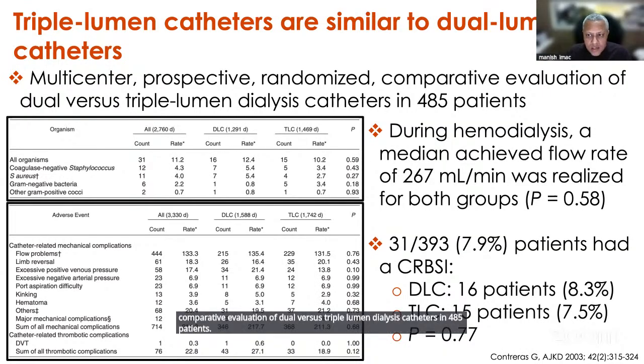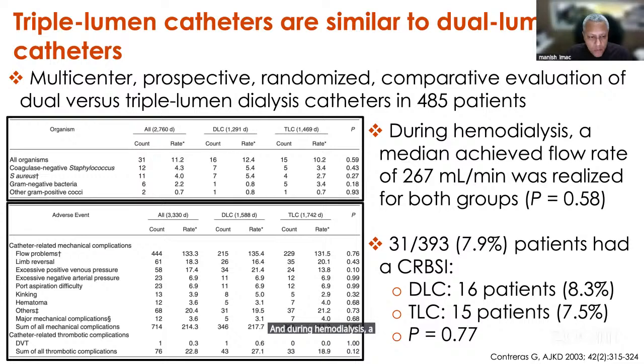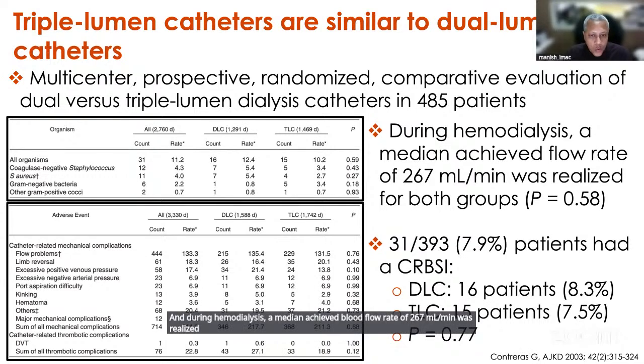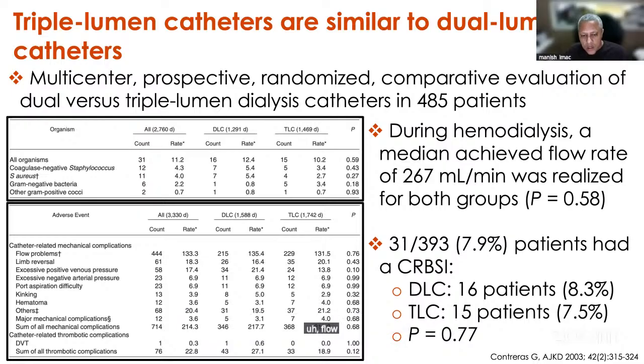During hemodialysis, a median achieved blood flow rate of 267 mL per minute was realized for both groups. For CRRT, a blood flow rate of 267 is more than adequate to achieve good flow through the dialyzer.